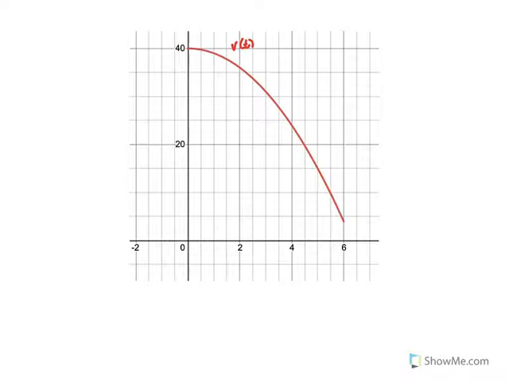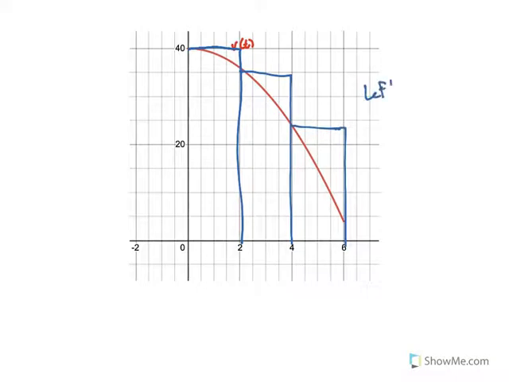We had our left Riemann sum at 0, 2, 4, 6. Right, that was our left, and our right Riemann sum used the right values, which actually became an underestimate.